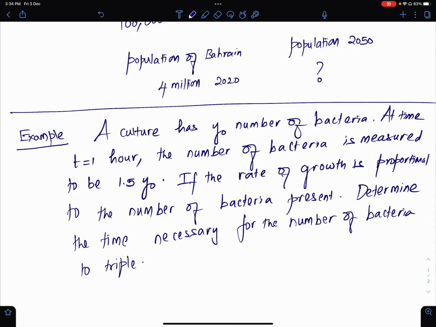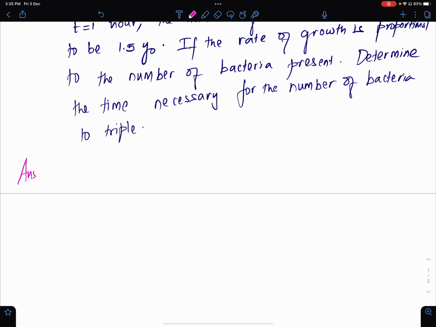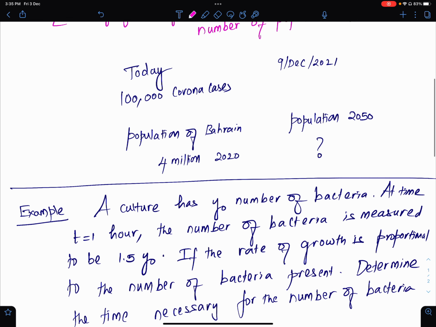See the question. A culture has y naught number of bacteria at time t equal to 1 hour. The number of bacteria is measured to be 1.5 y naught. If the rate of growth is proportional to the number of bacteria present, determine the time necessary for the number of bacteria to triple. Whenever they give this type of question, you must know how to convert the given information into conditions.